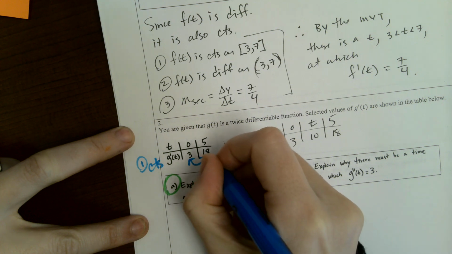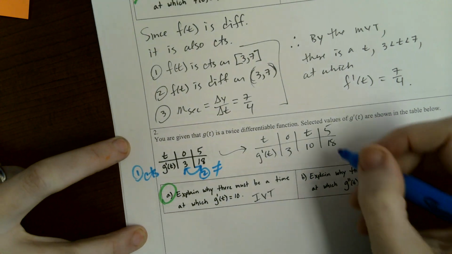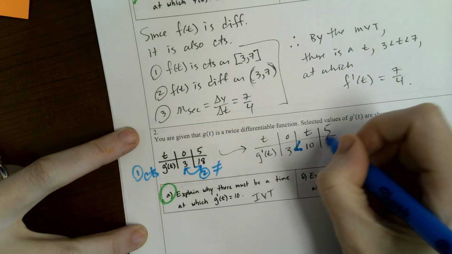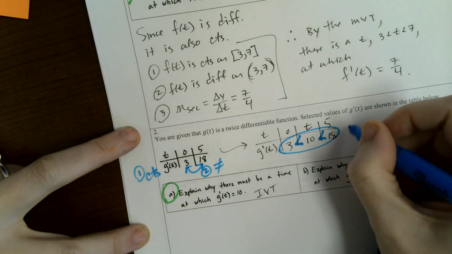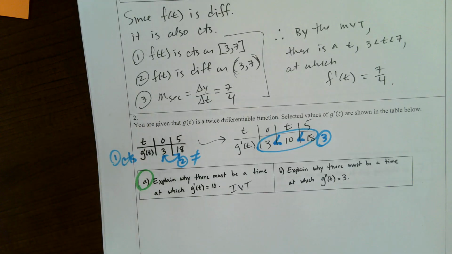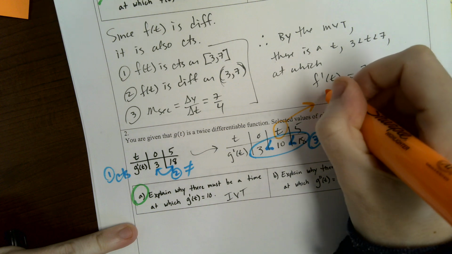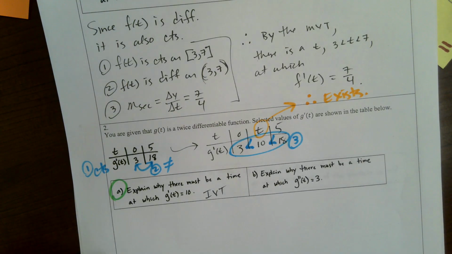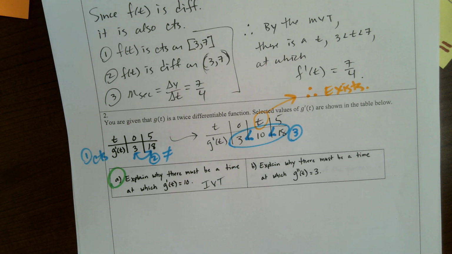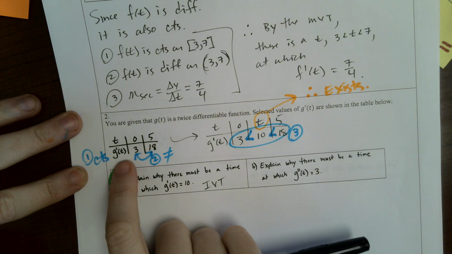Second, those y values cannot be equal. Now I'll put in these little inequality signs, and maybe I'll lightly circle that. That is the third condition. And then after we have these 3 conditions, now I'll circle this. We're going to be able to conclude, therefore, this t exists.